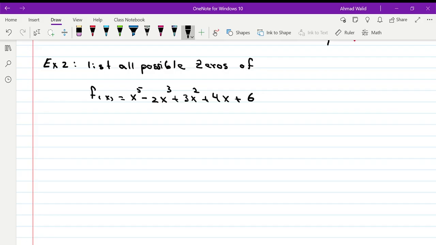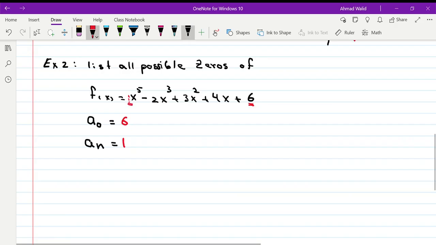My first step, looking for the a sub 0. How much is my constant term? My constant term is 6. Correct? A sub n, the leading coefficient. My leading coefficient is 1, the coefficient of x to the power of 5 here.